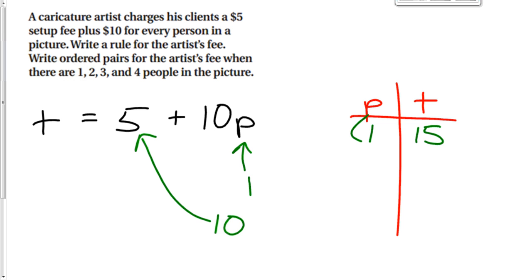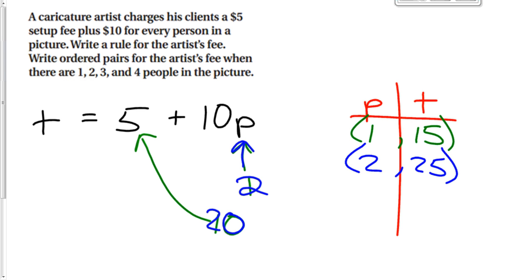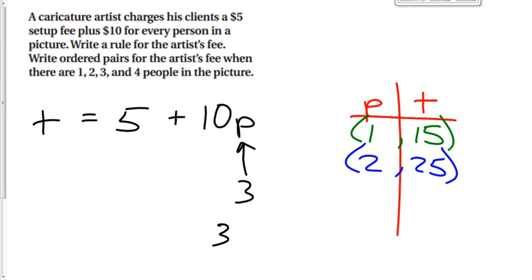So there's an ordered pair. If I put in 2 for 2 people, it's going to be 2 times 10, which is 20, and 20 plus 5 is $25. And you'll start to notice a trend here. Secondly, if I put in 3, so 3 people in my picture, it's going to be 3 times 10, which is 30, plus 5, the total is $35 when there are 3 people.